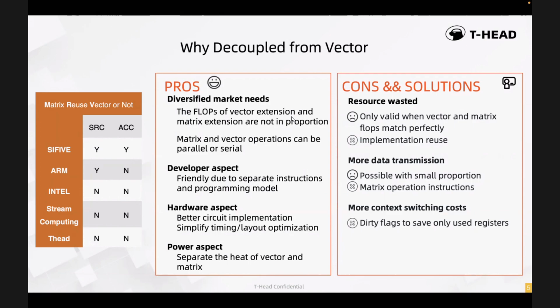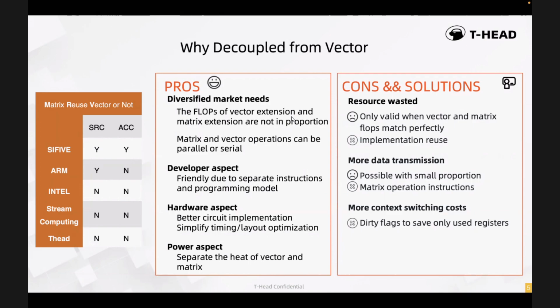Of course, every coin has two sides. Independent matrix architecture also has some disadvantages, as we list on the right. The most frequently mentioned issue is that reuse can save hardware resources. However, it should be pointed out that it only works when the vector and matrix flops match perfectly.